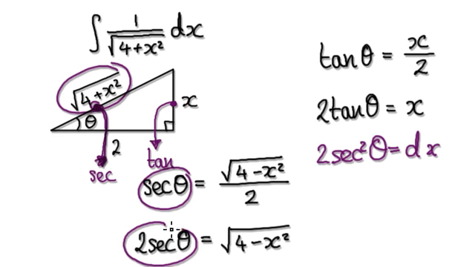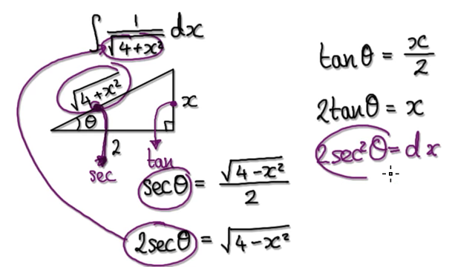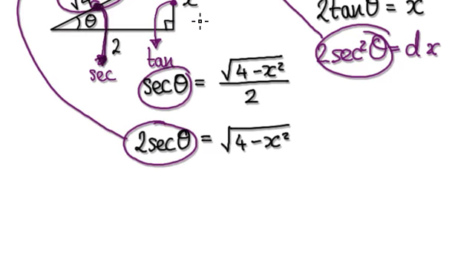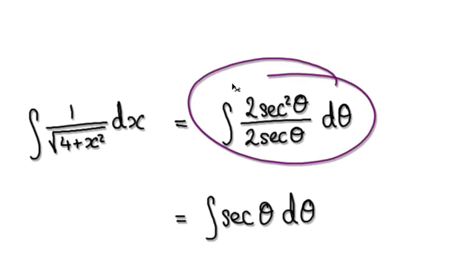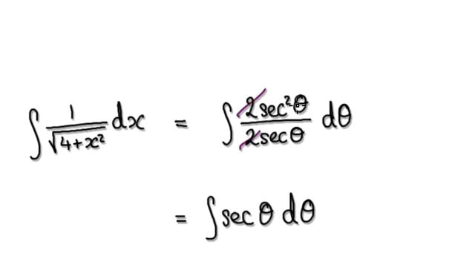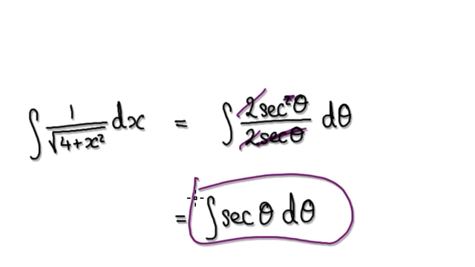So now we can put this into here, and then we can put this into here. So that will then give us this. And then these two will cancel out. And then you've got sec squared here, and then you've got sec here. So the two will cancel out, leaving you with this.